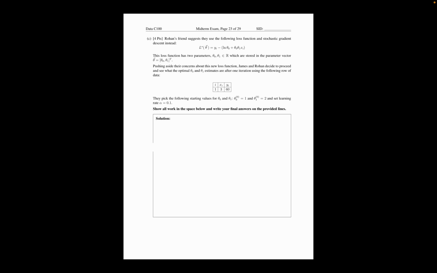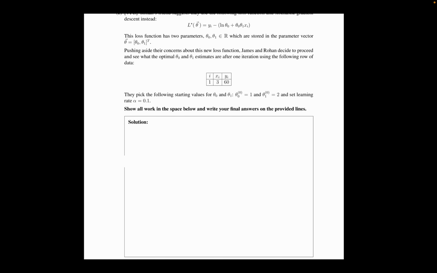And they pick the following starting values: theta 0, theta 1, and set the learning rate to alpha equals 0.1.